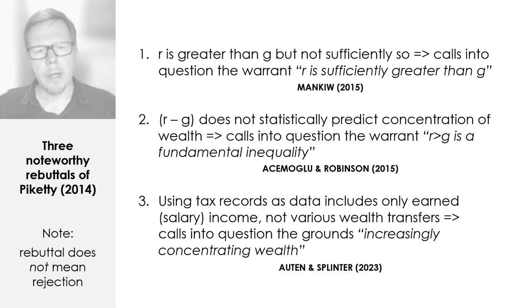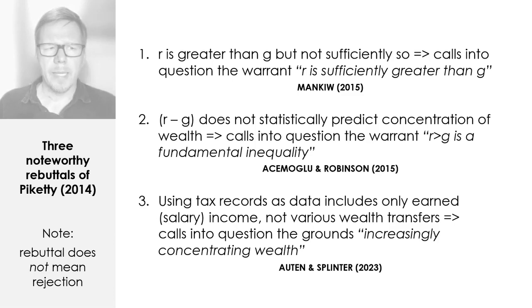And again, none of these three are saying that economic inequality isn't a concern. The common denominator in 1, 2, and 3 is that Mankiw, Acemoglu and Robinson, and Otten and Splinter are not as concerned about the adverse consequences of economic inequality as Piketty is.